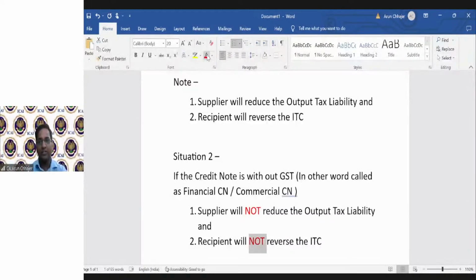I hope this concept is clear to all. Let me confirm once. So I can move to the last discussion, which is on Circular 92.